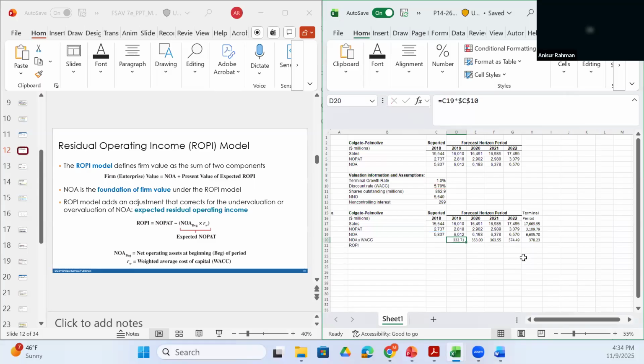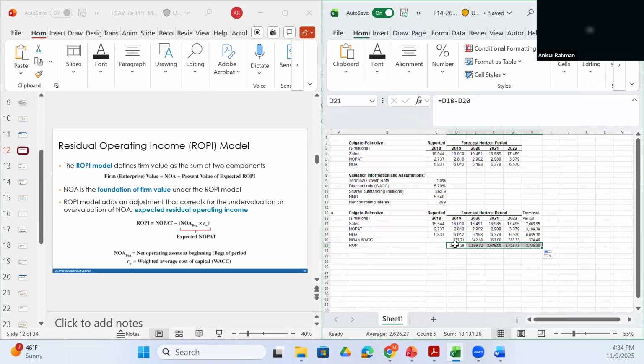Because I made changes here, I need to pull across again. Now they're being selected correctly. So NOA of the beginning point of time, and then times your discount rate, WACC. So now your ROPI is equal to your NOPAT minus NOA times WACC. And then you pull across.